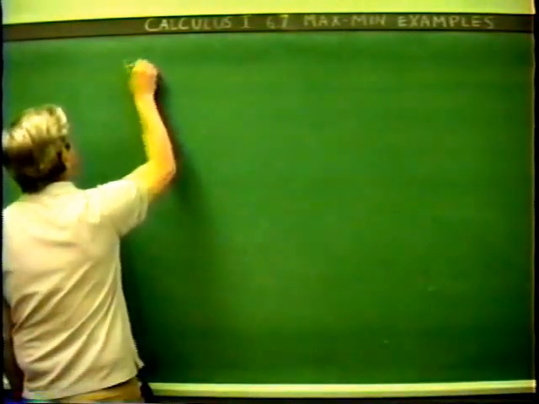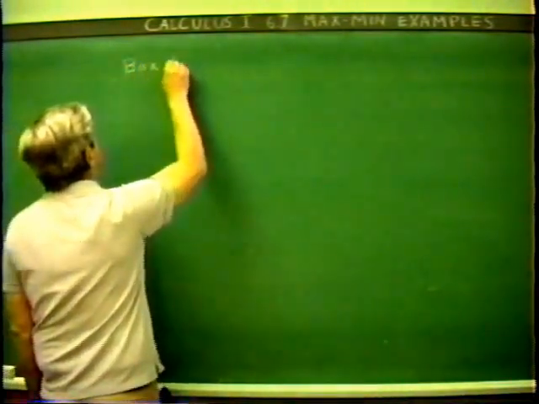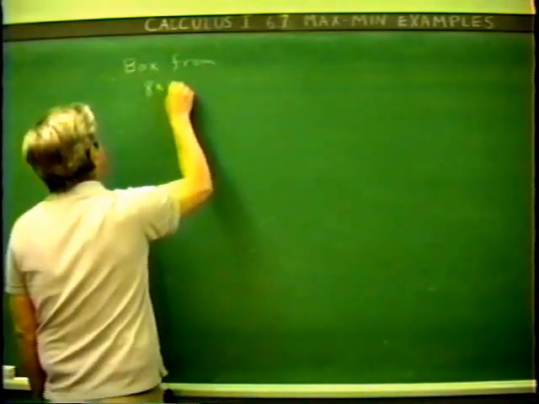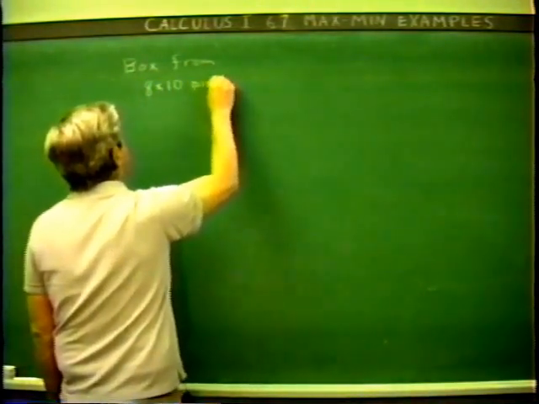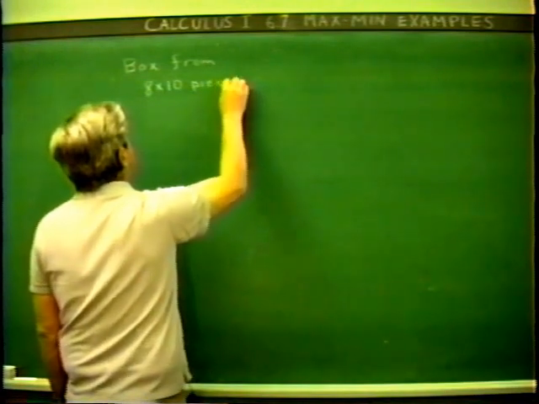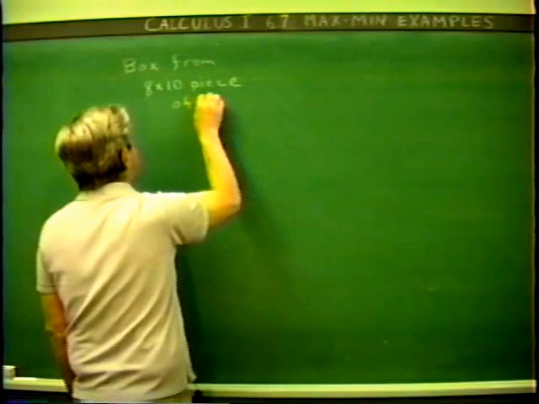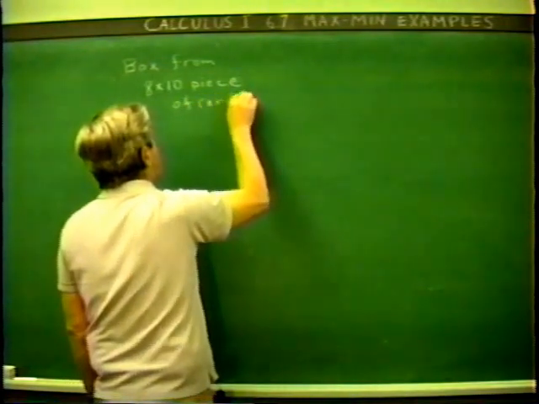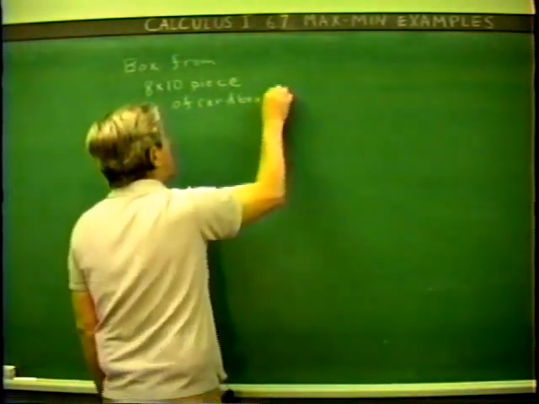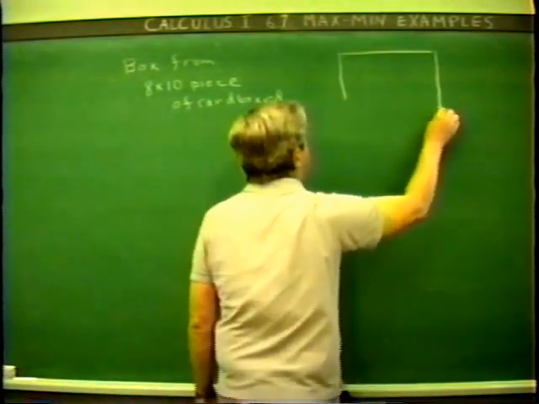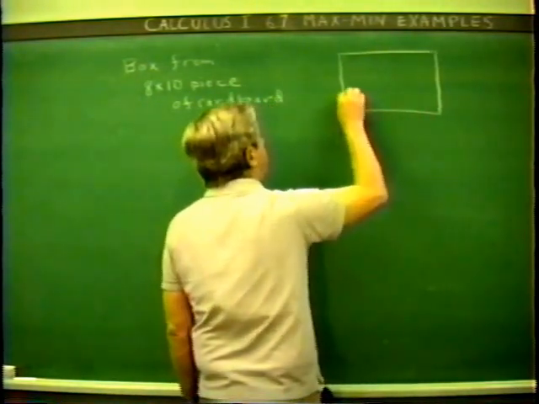Okay, a second example. In this case here we want to make a box from an 8 by 10 piece of cardboard, as follows. We want to take the piece of cardboard like so.